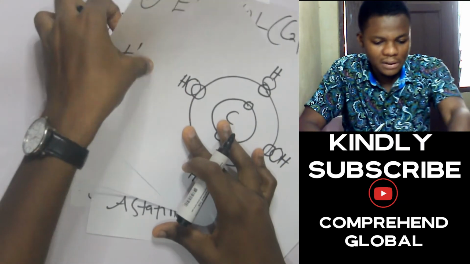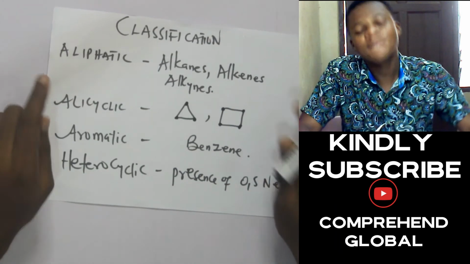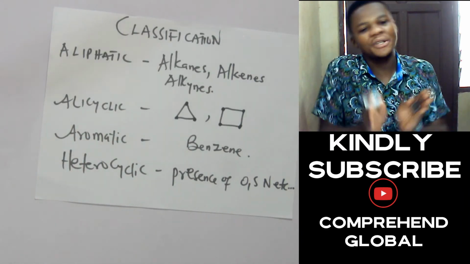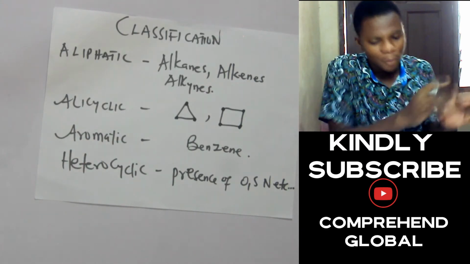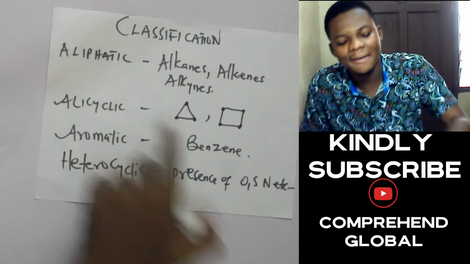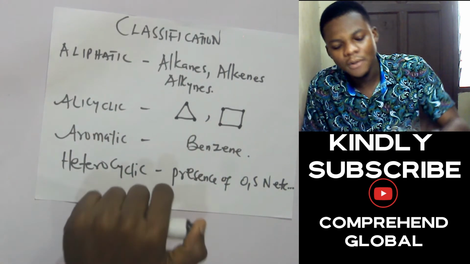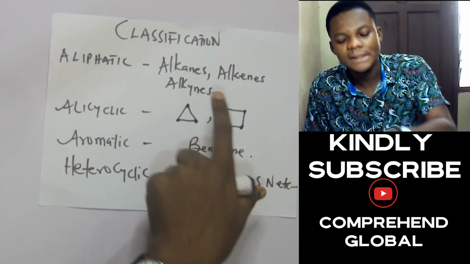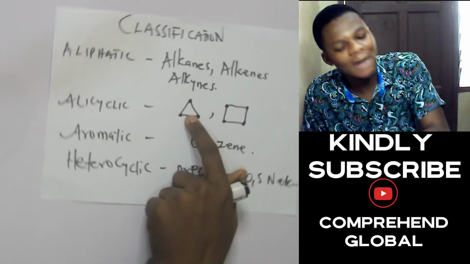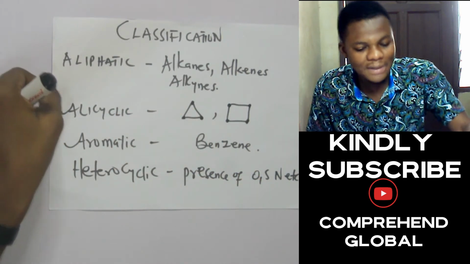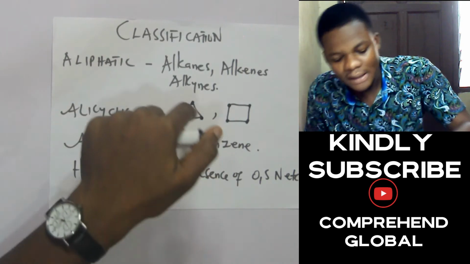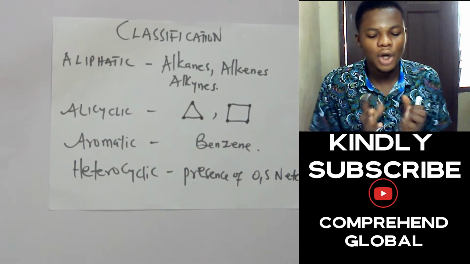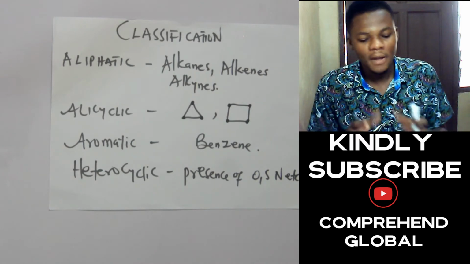Looking at this, we want to talk very shortly about the classification of organic compounds. We can differentiate organic compounds in different forms, and the first form is aliphatics. With the aliphatics, we have alkanes, alkenes, and alkynes. We have the alicyclic, which is the second classification, and these are carbon atoms that combine to form rings.